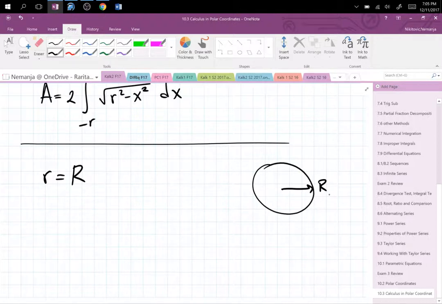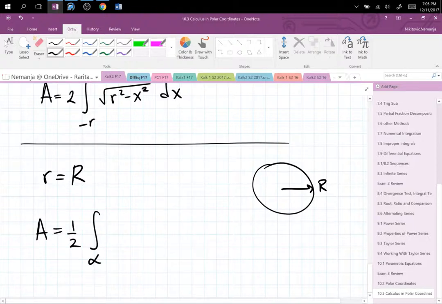Well, we learned the formula for areas for the polar. And the formula is that area is equal to 1/2 integral from alpha to beta of r squared d theta.